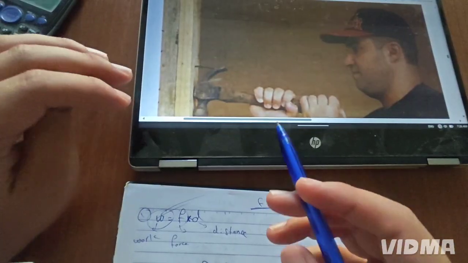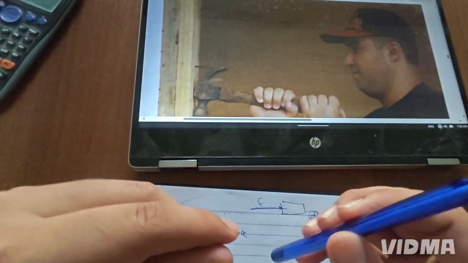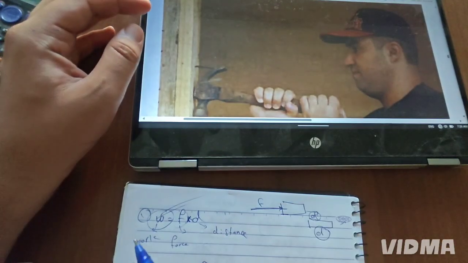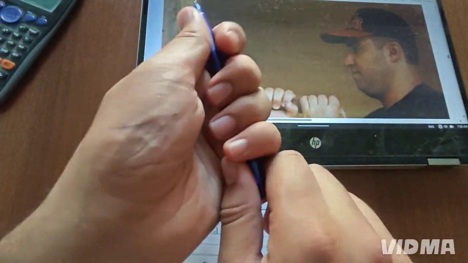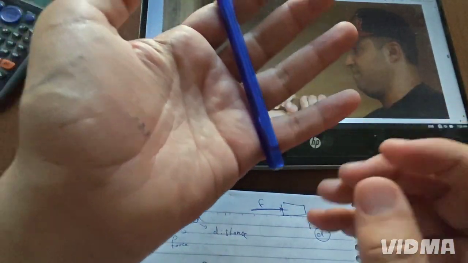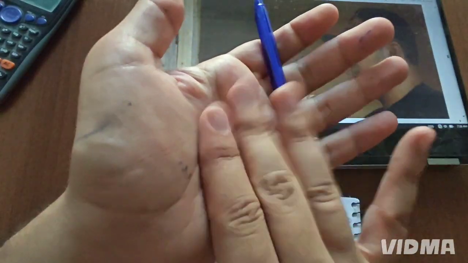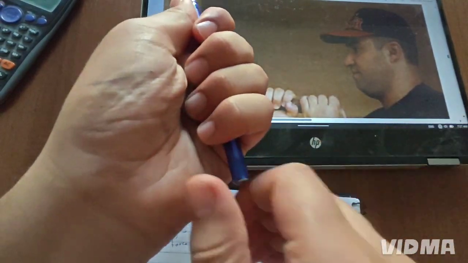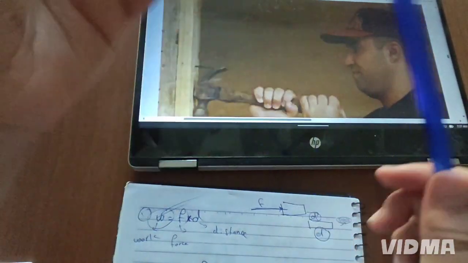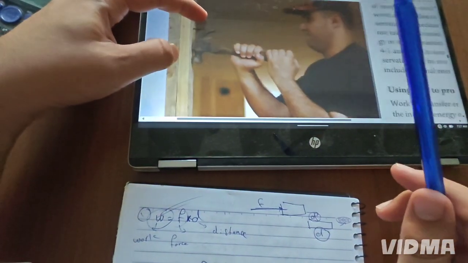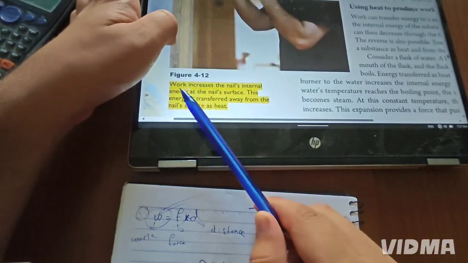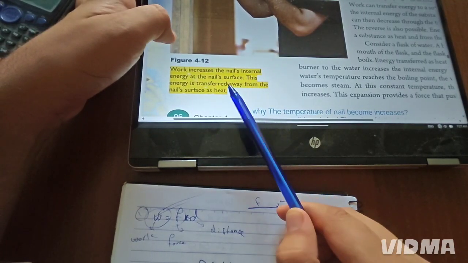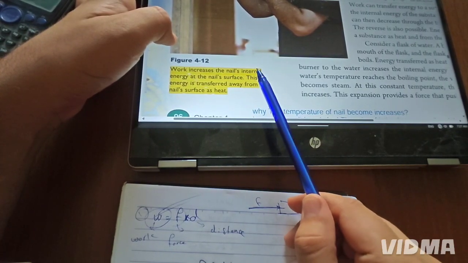So while friction happens, the temperature of the nail is going to increase. Check it at home: even my hand becomes warmer while I'm taking it out so quickly, because of the friction between my hand and the pen. So work increases the nail's internal energy.